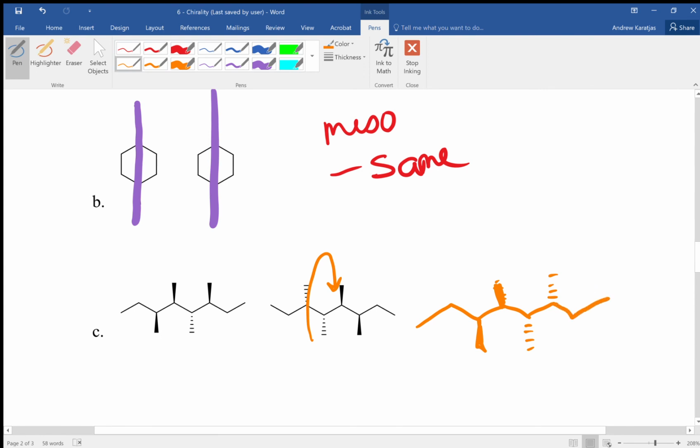And so if I rotate it back the other direction, now it looks more like the structure on the left.